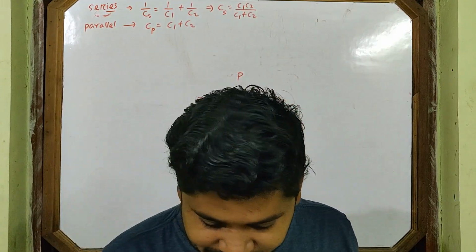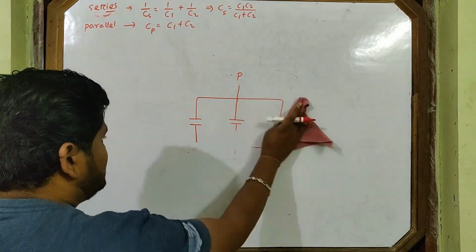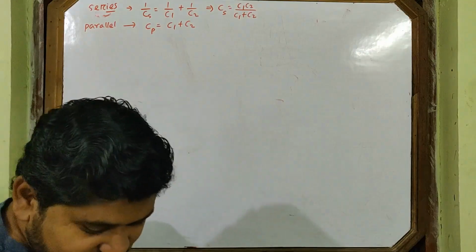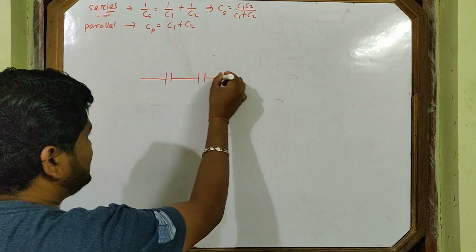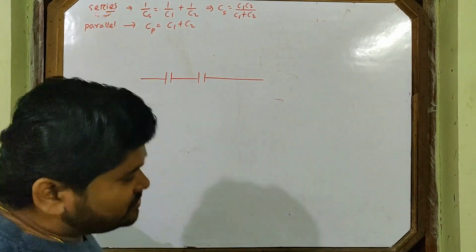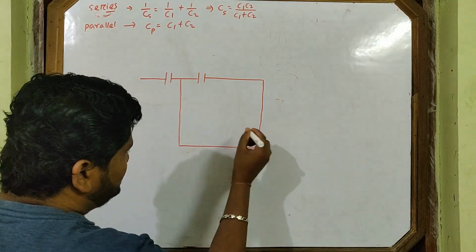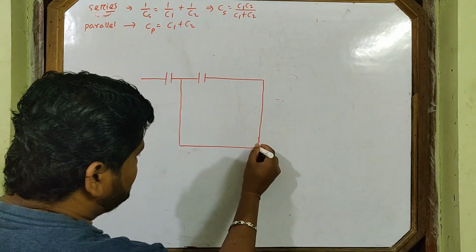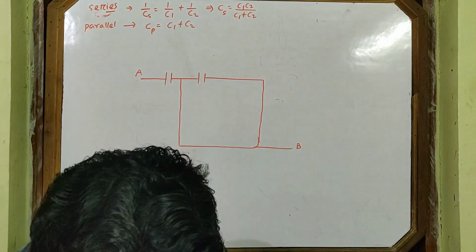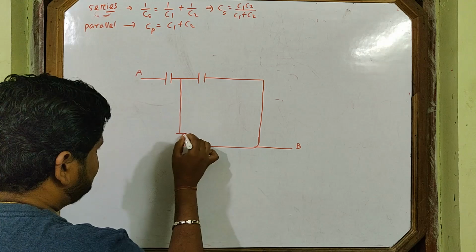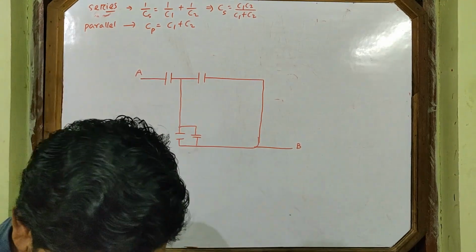Now I will go to the next connection. Next connection is like this. Suppose many capacitors are connected here. One is connected here. One is connected here. Then the wire goes, then the wire comes like this. This is terminal A, this is terminal B. Now one capacitor is here, another capacitor is here, and here also some capacitors.